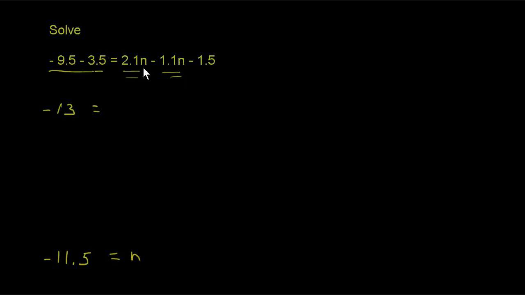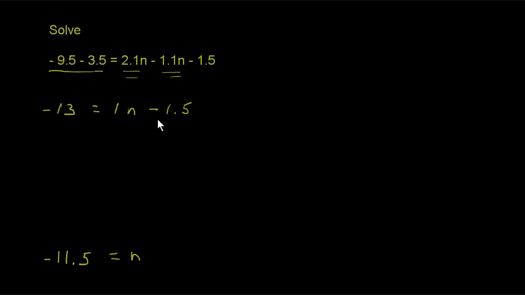We can combine them. 2 1/10 n, subtract 1 1/10 n. We just take the coefficients, and when we subtract those, it's add the opposite. We just get 1 n. I'll write the 1 in there now, but I'm going to drop that on the next step. 1 n, and then we just bring down the subtract 1 5/10.